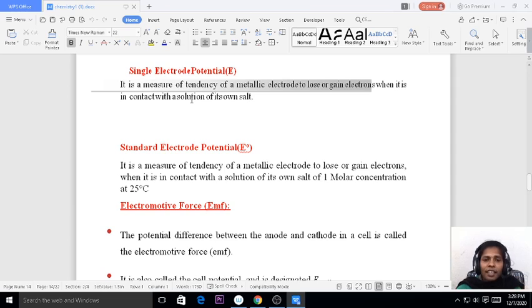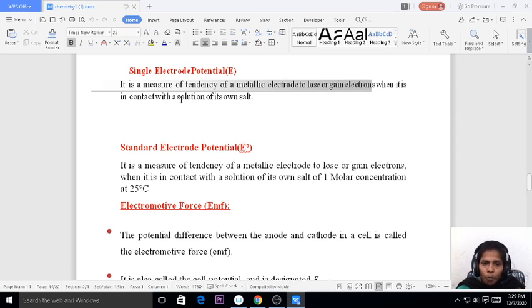Whereas in standard electrode potential, the electrode is maintained at proper conditions. That means the metal is maintained at room temperature and the concentration of the solution is known. So that is the standard electrode potential.